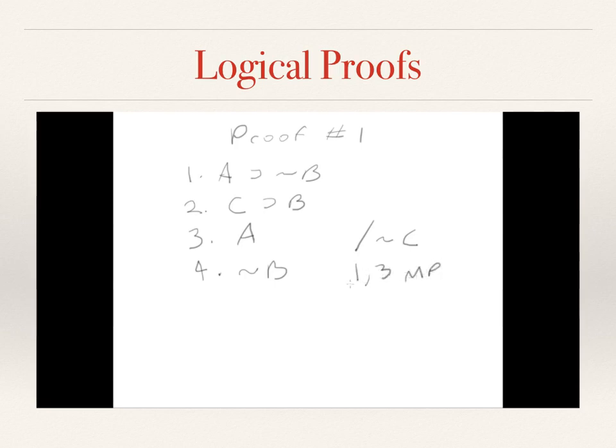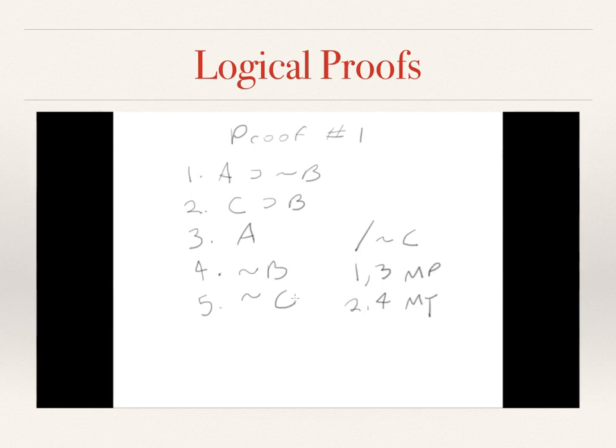And now that we have not B, we can then get the not C through modus tollens by lines 2 and 4. And there we go. We have proven it.